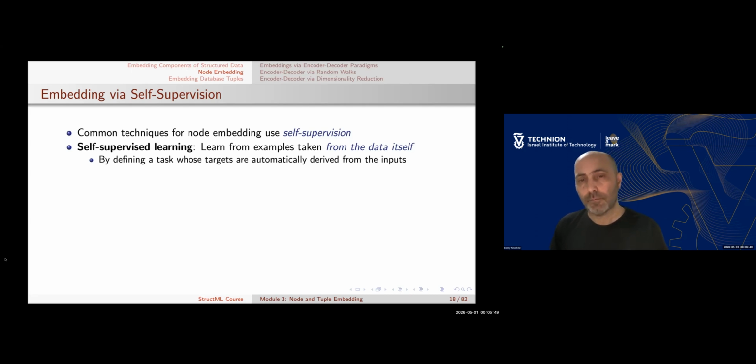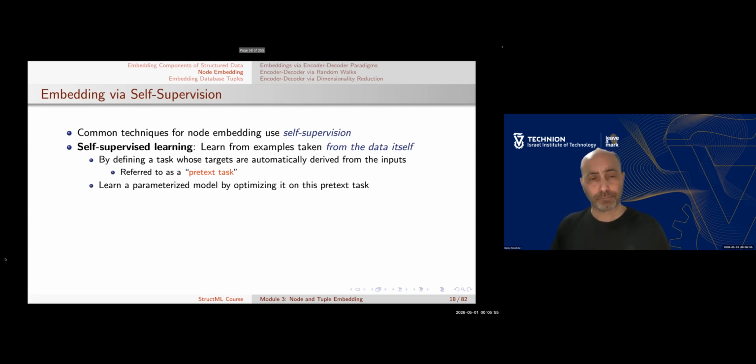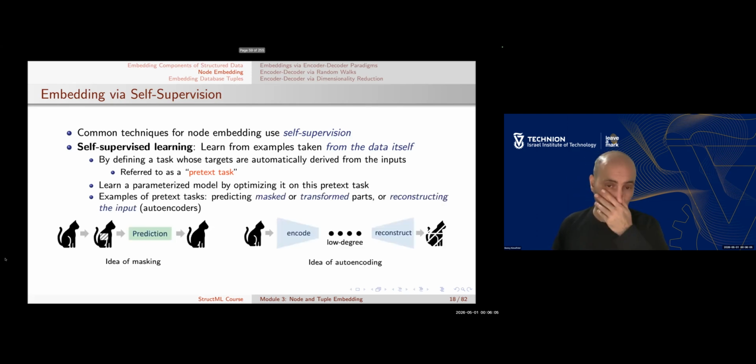So you essentially produce a task from the data itself, and this task is called a pretext task. Then with this pretext task at hand, you learn a parameterized model, which includes the embedding that you want to optimize. This is a general technique, self-supervision, used for representation learning.